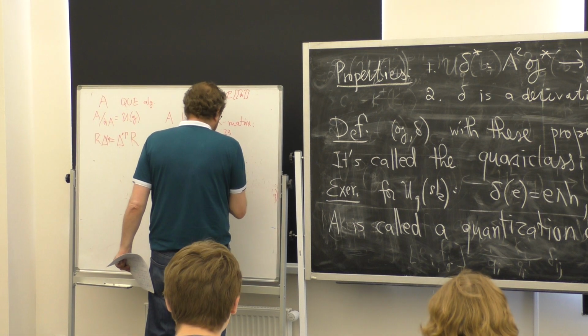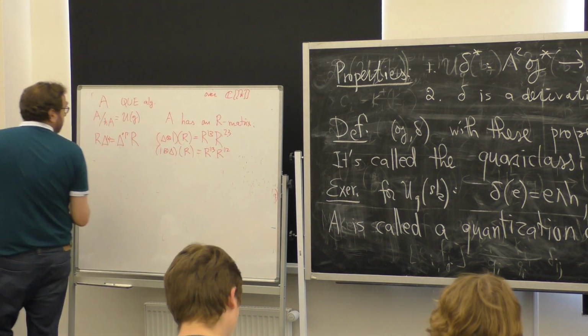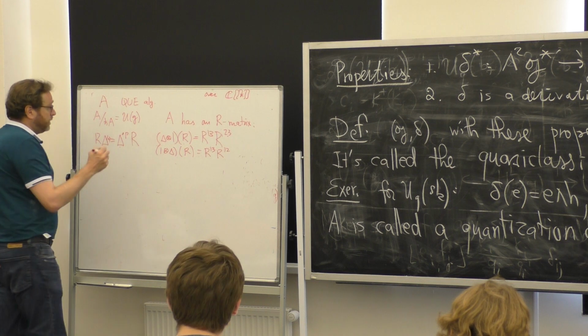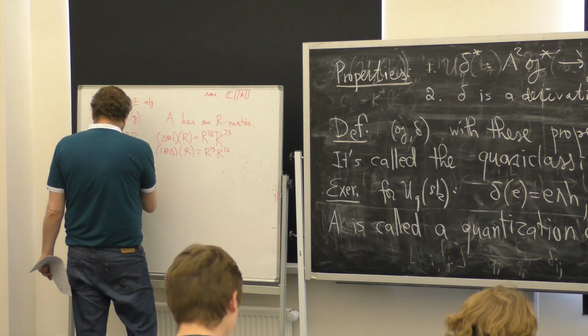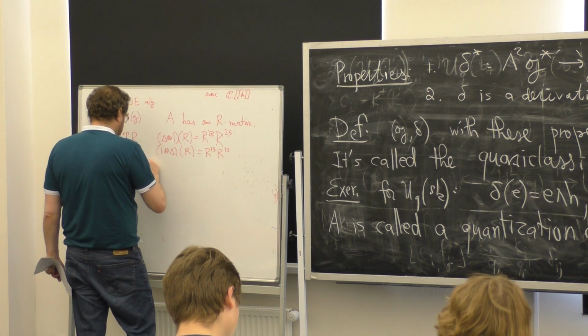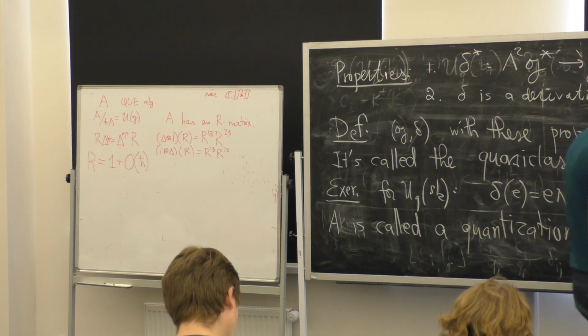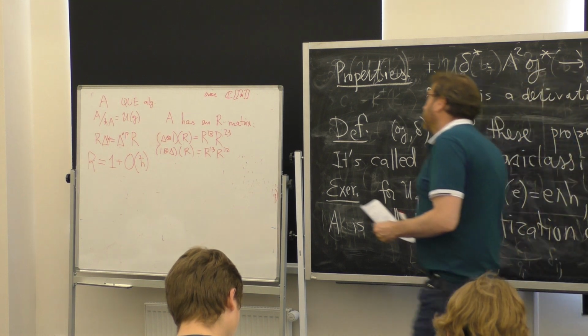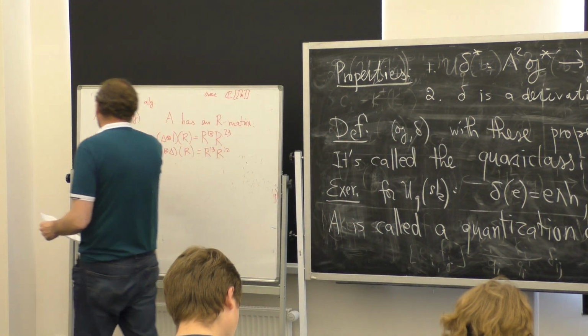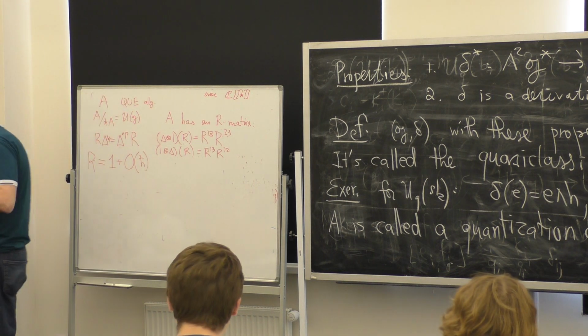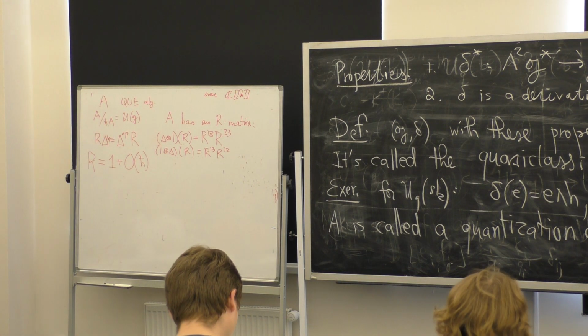So these are hexagon relations. And in this case, we require that R equals 1 plus big O of h bar. Since the coproduct becomes co-commutative for U of g, actually this is automatic. You cannot have an R matrix on U of g, so this will be automatically so.